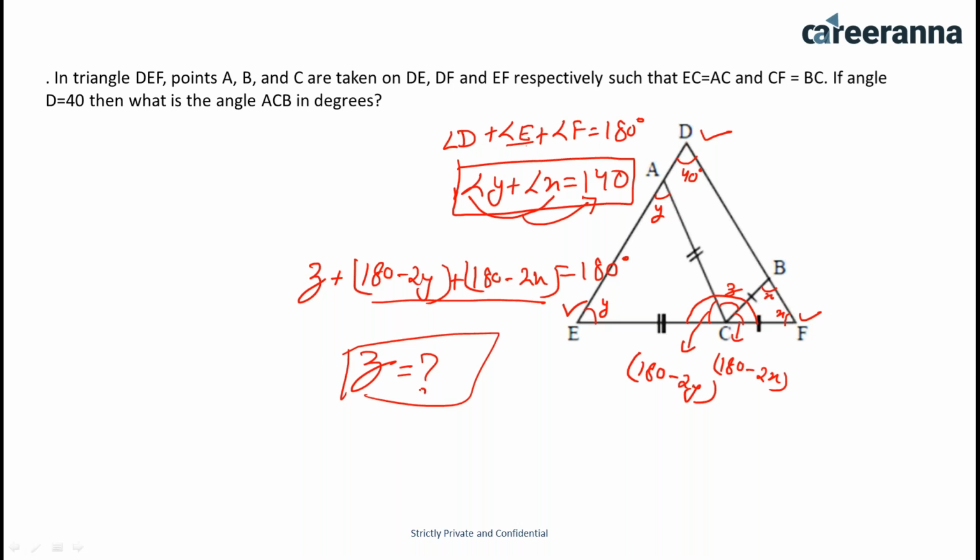Because EF is a straight line, angle ECA, angle Z, and angle BCF are going to sum to 180 degrees. We use that, and then we can calculate angle Z. So please calculate it. You can do your calculation later also. If you have any doubt in this, you can ask.